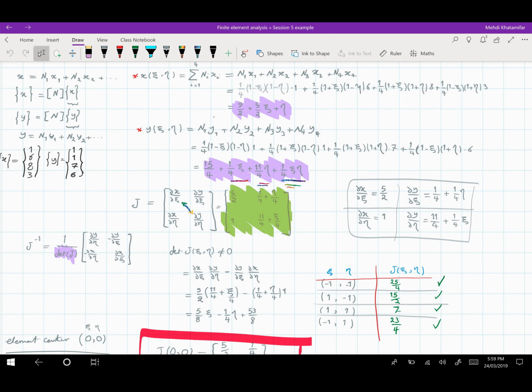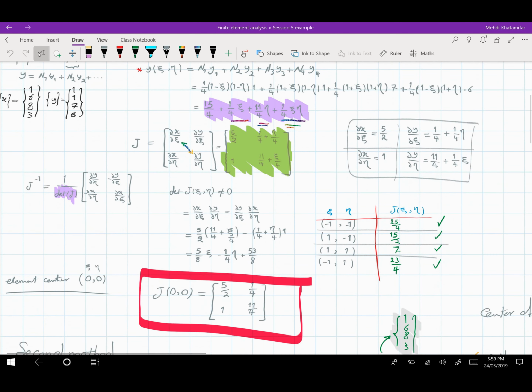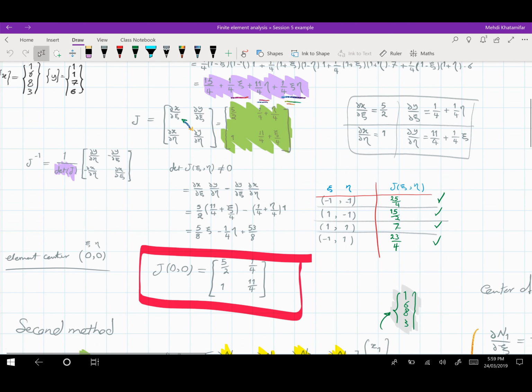And we checked for the Jacobian to have an inverse, so the determinant shouldn't be 0. We checked for all nodes and it was okay. Later I said let's find the Jacobian at the center of the element, point 0 and 0, and we found this value.